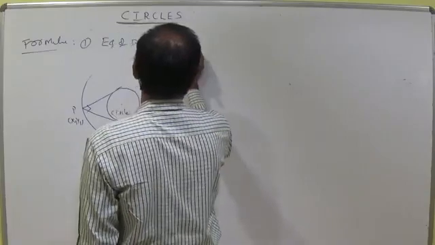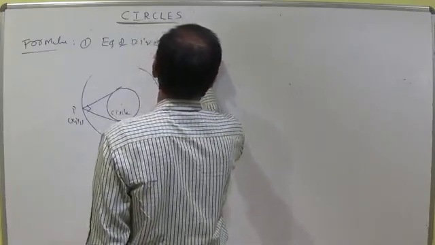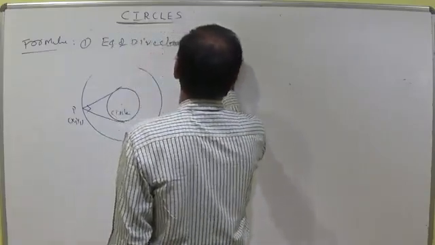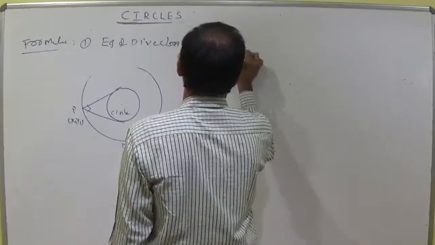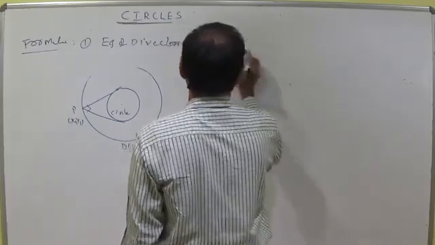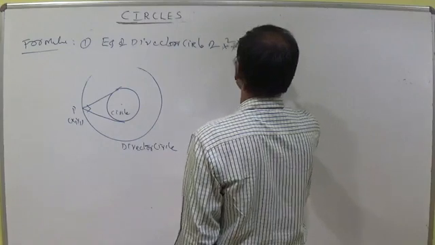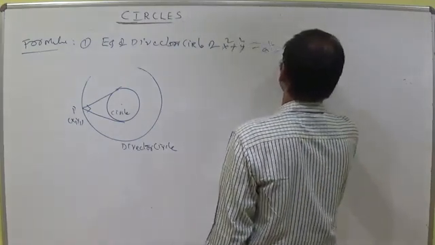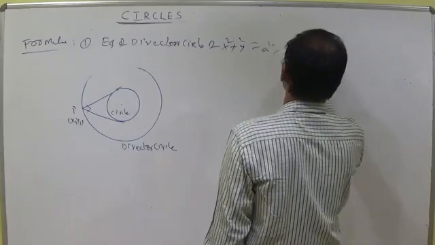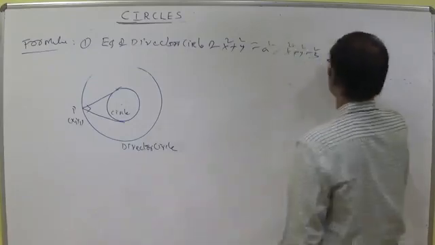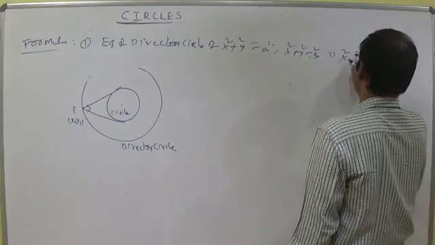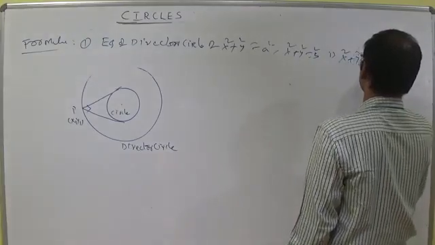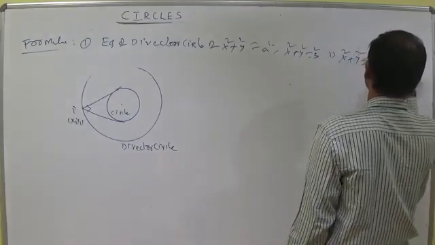Equation of director circle of two circles. This is called the combined equation. For x² + y² = a² and x² + y² = b², the director circle is x² + y² = a² + b², right?